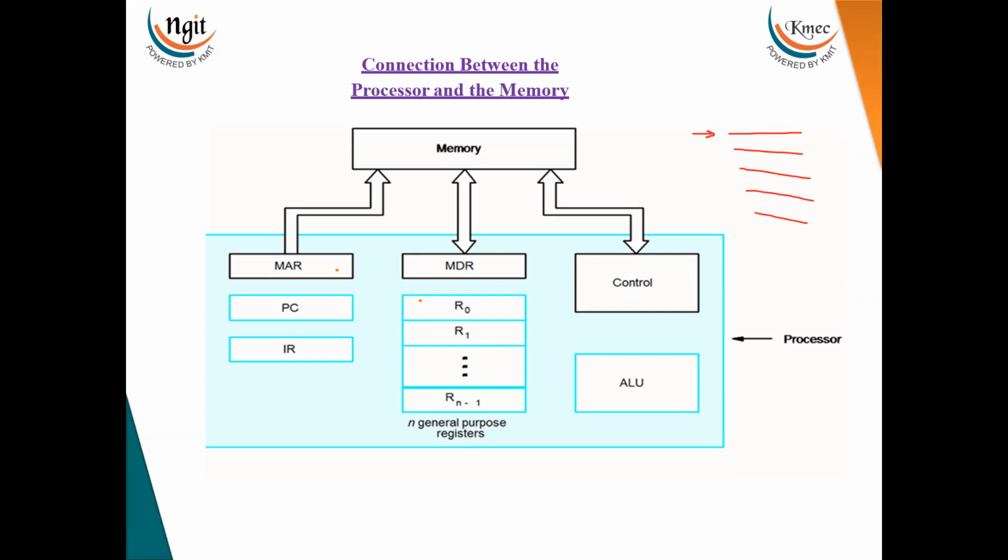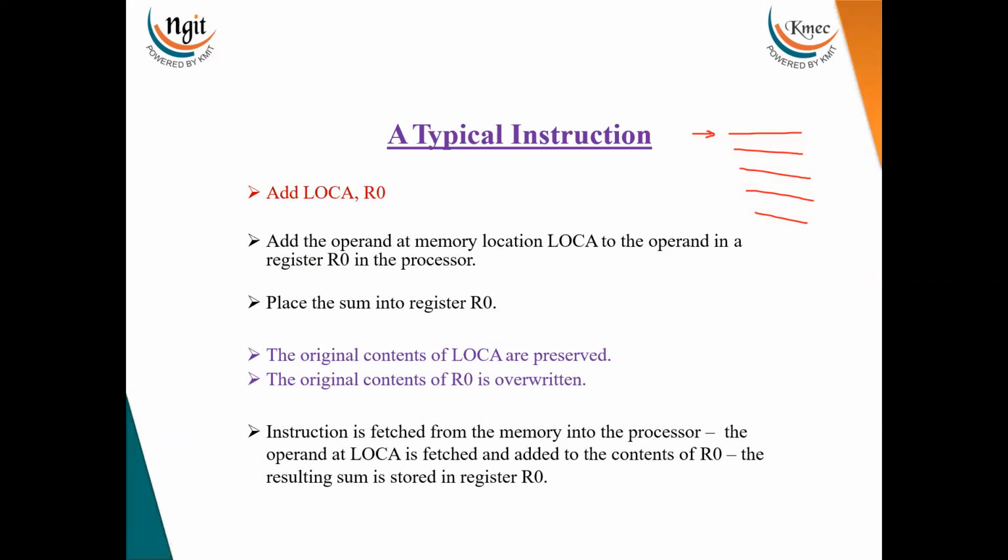Depending upon the IO device's request, it will run the particular ISR program. After completing the ISR program, it will come back to the main program where it left the execution and start executing from that instruction. This is called interrupt and interrupt service routine. This is about the basic operational concepts.